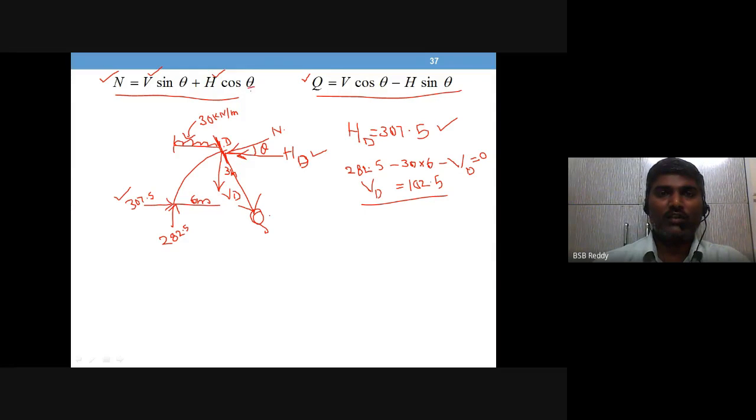How do you get theta value? What is the angle made by this radial line with respect to vertical? That is what we want. So this line joining to the center, this is theta. If you follow my earlier lectures, when you derive this relation, you will know what is theta. So how do you find that?